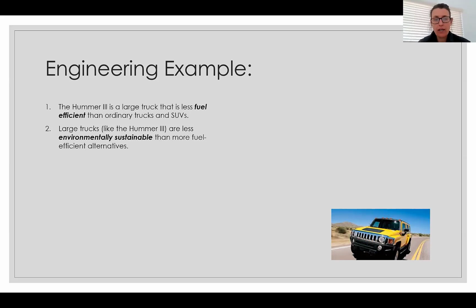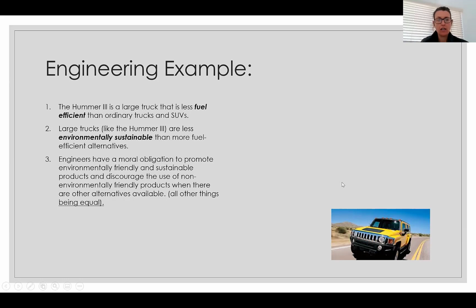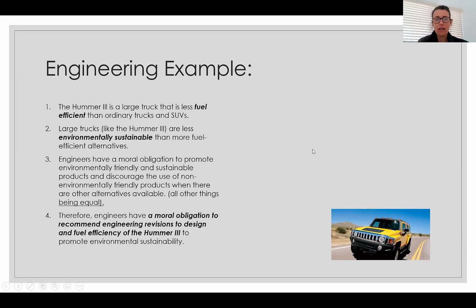Large trucks like the Hummer 3, and I'm just throwing out a number, I have no idea what a Hummer 3 is, are less environmentally sustainable than more fuel efficient alternatives. 3, engineers have a moral obligation to promote environmentally friendly and sustainable products and discourage the use of non-environmentally friendly products when there are other alternatives available, all other things being equal. 4, therefore, engineers have a moral obligation to recommend engineering revisions to design and fuel efficiency of the Hummer 3 to promote environmental sustainability.